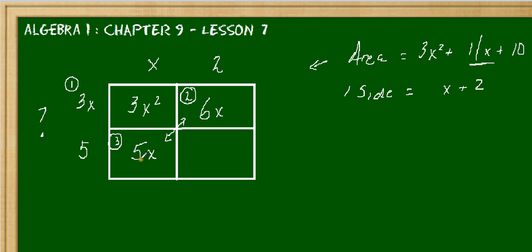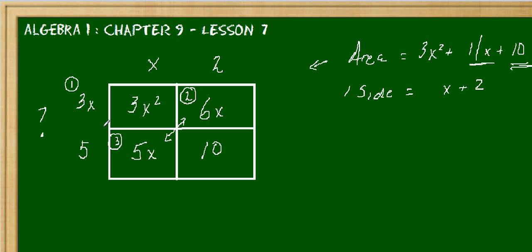And now I'm simply left with 5 times 2, which is 10, which is our third term over here. So it works. So the answer to our problem is then 3x plus 5, the answer to this, to our equation, or I'm sorry, to our expression 3x squared plus 11x plus 10 divided by x plus 2.